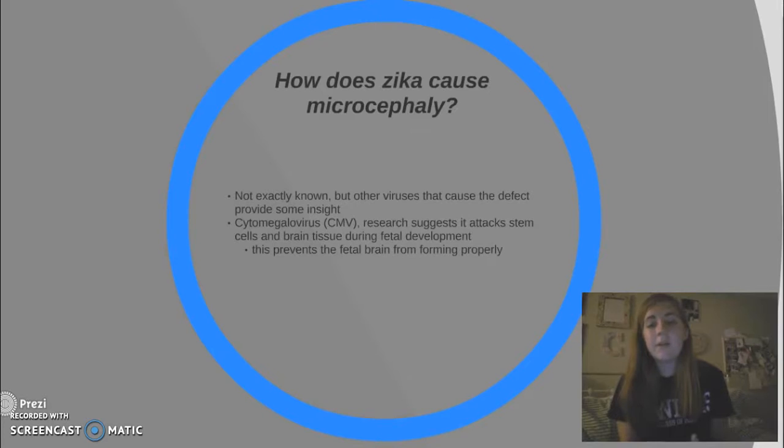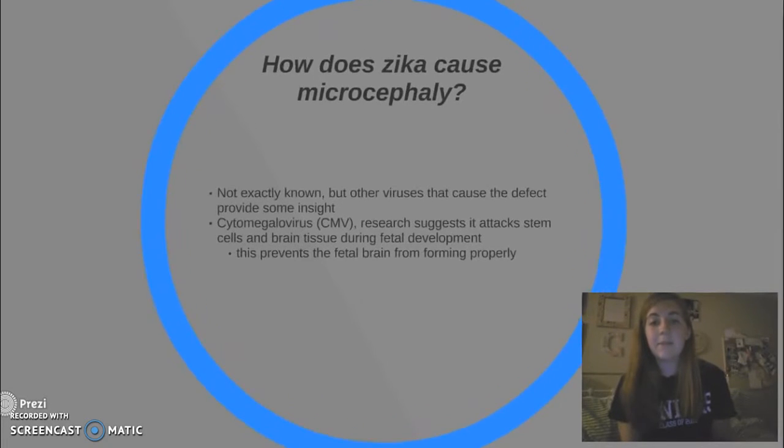But other viruses such as cytomegalovirus that are also linked to causing microcephaly help to shed some light on how Zika might cause it. Cytomegalovirus attacks stem cells and brain tissues during fetal development, and this prevents the fetal brain from forming properly, thus why they have smaller heads.